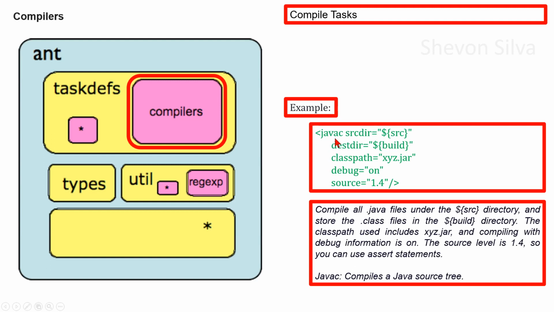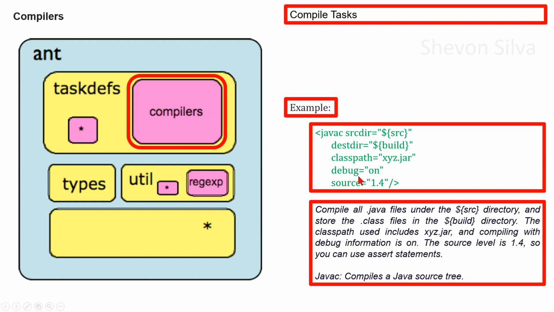Here the javac compiler compiles a Java source tree. Here you can see the srcdir attribute, location of the Java files. Here you can see the destdir attribute, location to store the class files. Here you can see the classpath attribute, the class path to use.